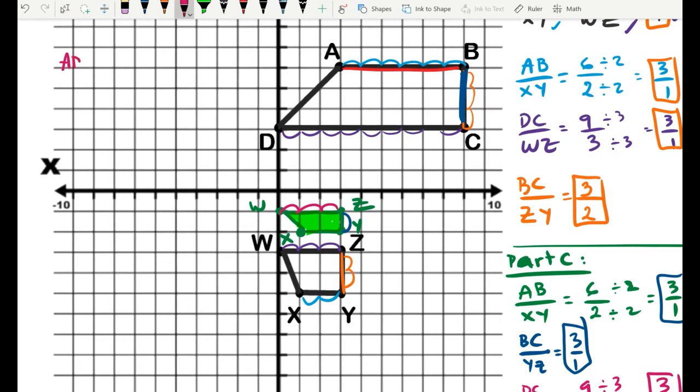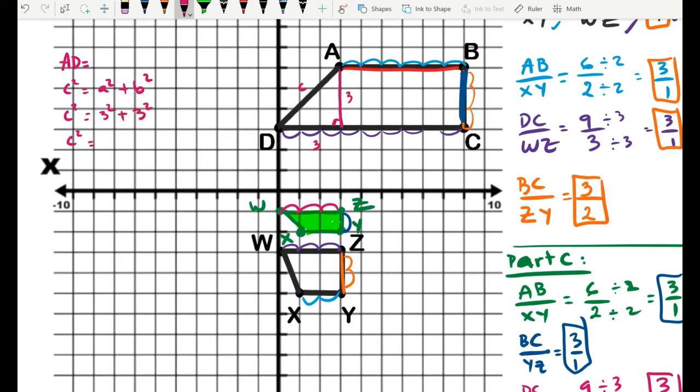So AD: this is a right triangle, with side lengths 3 and 3. Can you solve for C? C squared equals A squared plus B squared. A squared is 3 squared plus B squared is also 3 squared.